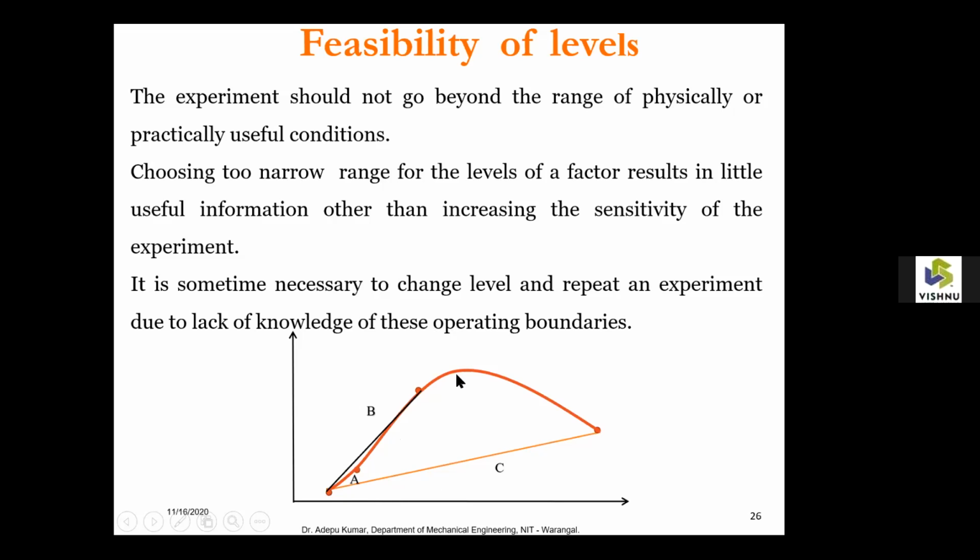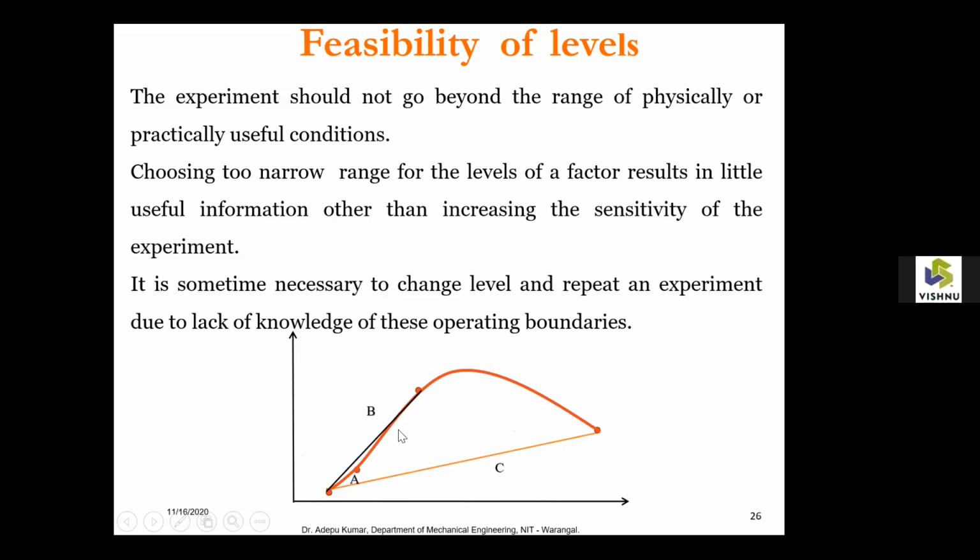Suppose you take this as a range, and even if you apply any algorithm to this particular range, you get the maximum value here only, not here. But now I am claiming again that even though my range is very high, I am getting the global maxima, but you are not.